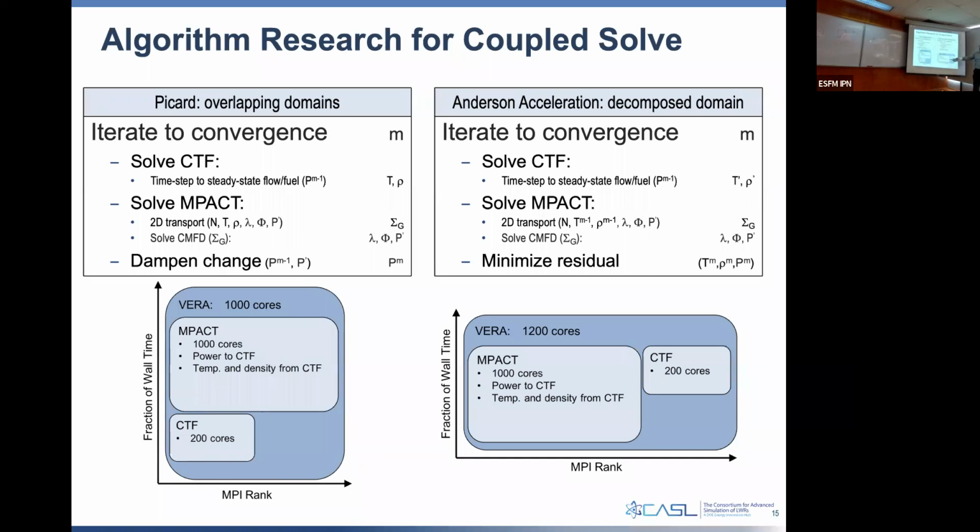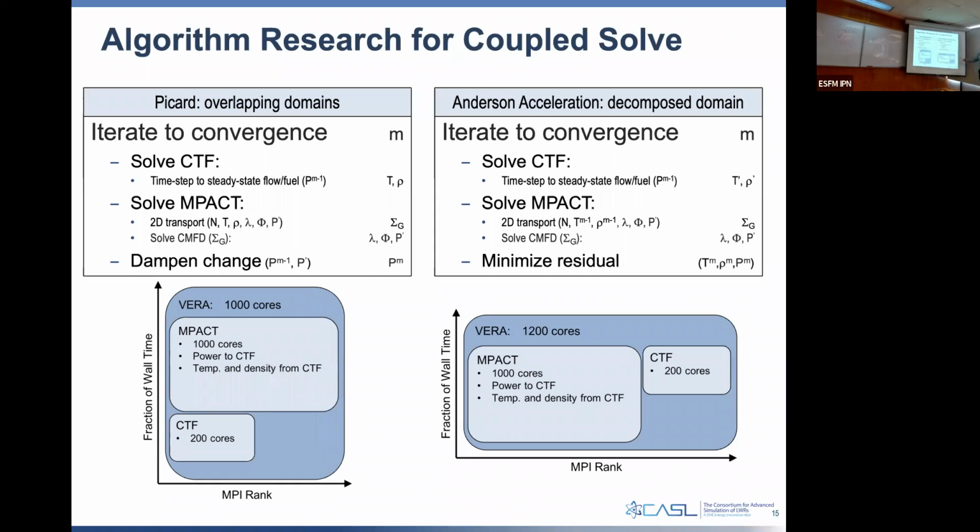And so now they can run at the same time. Now I go from 1,000 to 1,200 cores, and I can reduce the total runtime for every iteration, because it's really only how long Impact took. So I dropped the runtime significantly for every iteration, but I needed 200 more processors in order to do it.